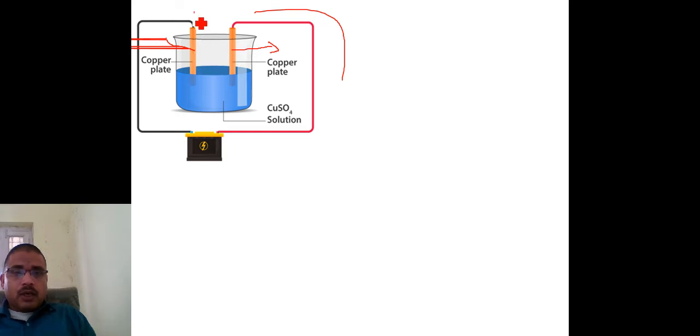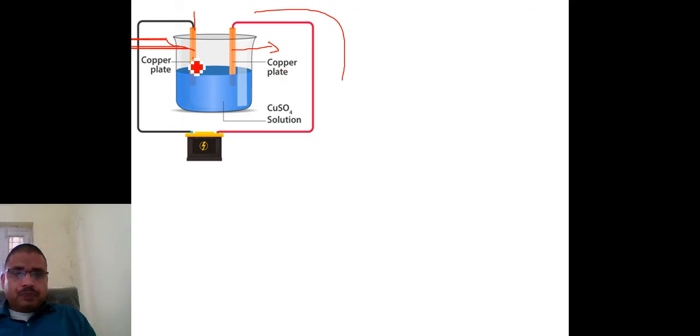And after some time, we do not take copper here, sorry, we take silver here. When the silver is attached with the anode, and the iron is attached with the cathode, the silver moves from anode to cathode and gets deposited on the iron plate.